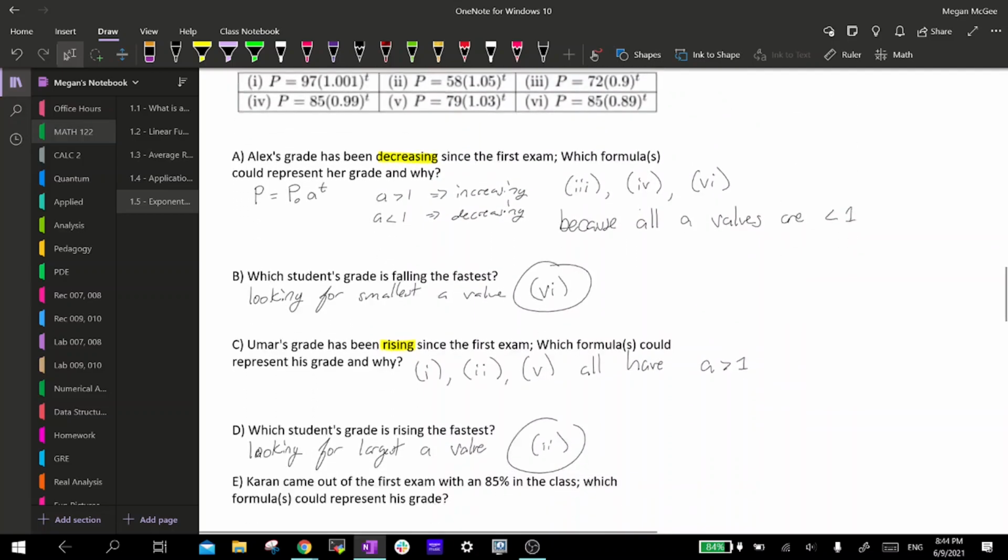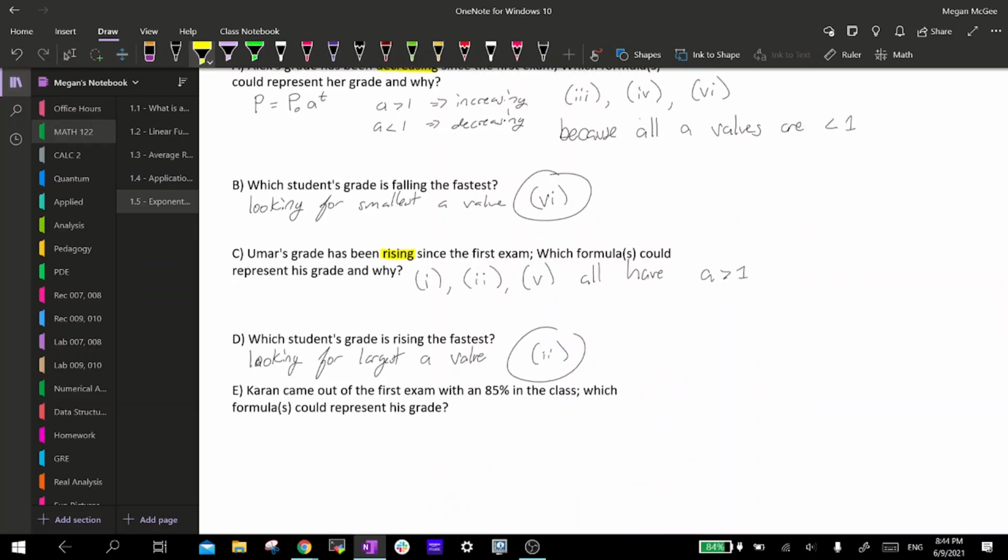All right, so 85% in this case is going to be our initial population, or value, would be a better word in terms of grades. So we're looking for an equation that looks something like P is equal to 85 A to some exponent. All right, because that is our initial value.